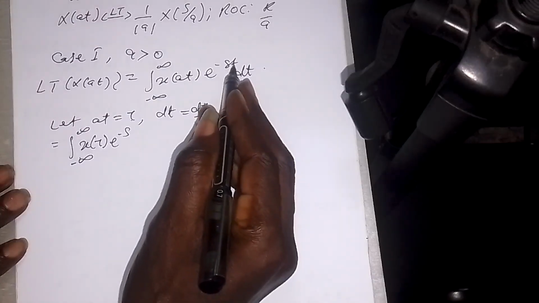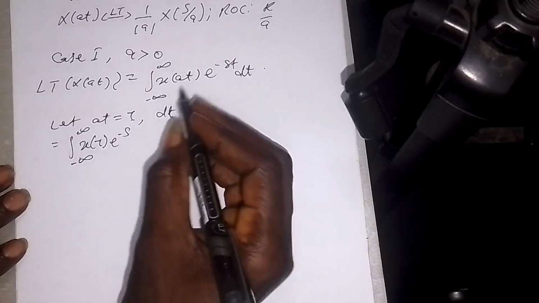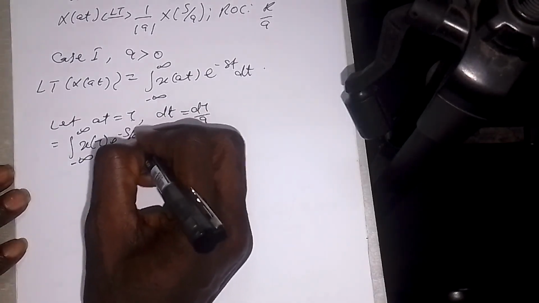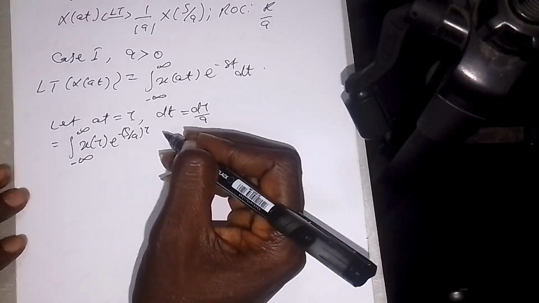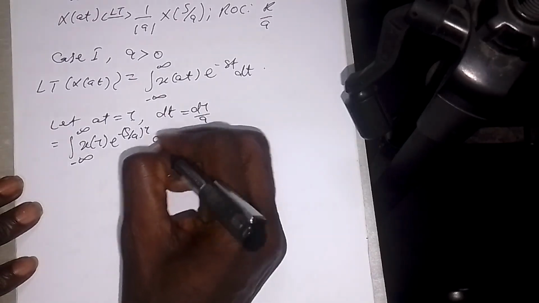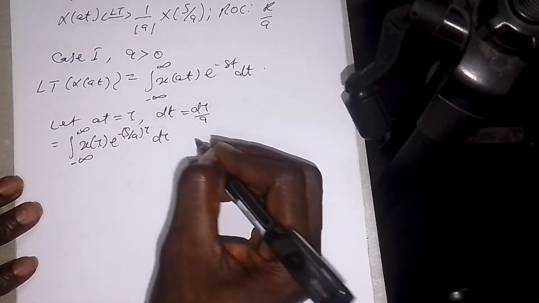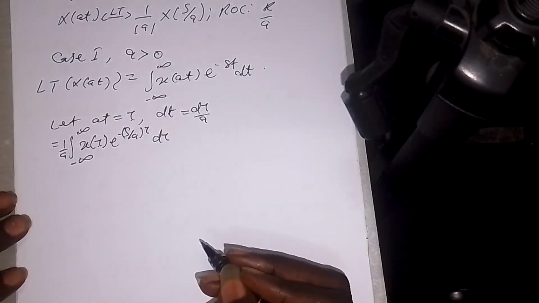This t becomes tau over a, so I can say s over a into tau. And then this dt becomes d tau over a, so I can send that a here.